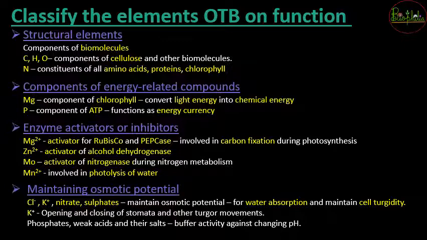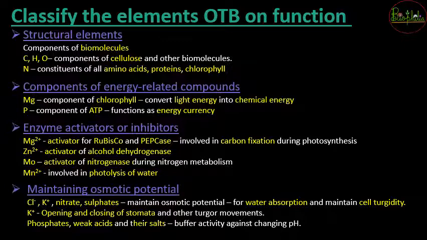फिर again potassium ion is also important, as I told you, for opening and closing of stomata, because it is going to be involved in cell turgidity. फिर phosphates आ गए, weak acids and their salts again are going to be important for the osmotic potential balance.